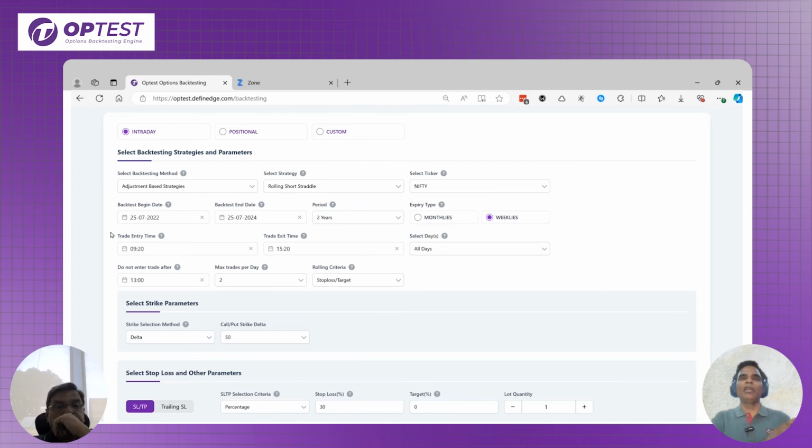It might move by 100 points, 200 points, up or down, and this short straddle might hit some stop loss, maybe minus 10% or minus 20%. So what people do is they simply move that straddle to at the money again. This is called a rolling short straddle strategy. This is a very common strategy people use in intraday systems.